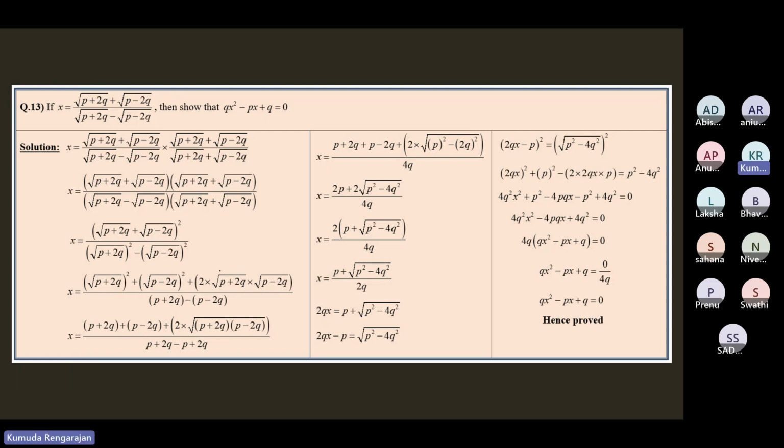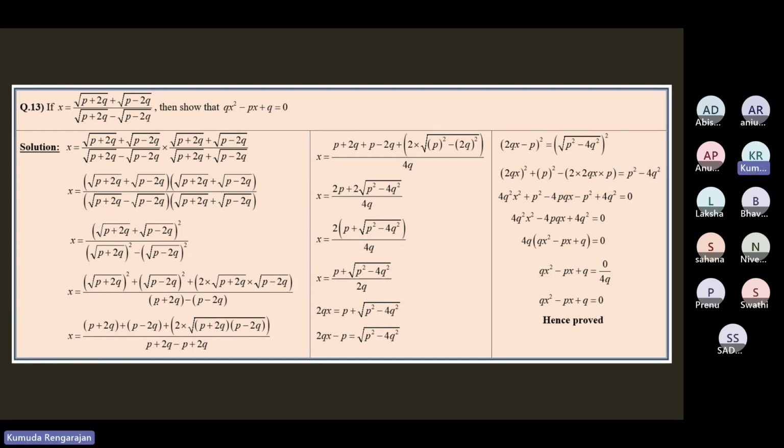So that's what you see in the next step. Here the square and square root get cancelled, so you have this. Here also. And here you put both under the same square root in brackets like this.